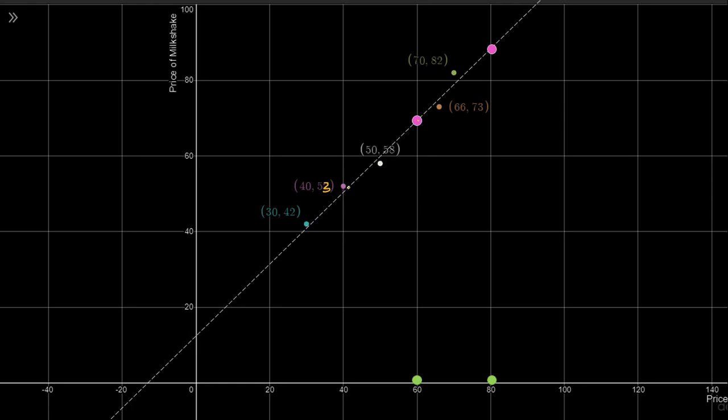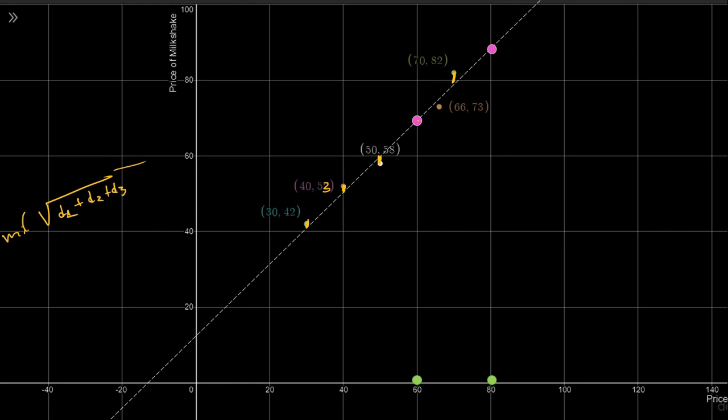So this portion is my error. The difference between the actual data point and my line is the error, and I want to minimize this error. These distances, distance 1, distance 2, distance 3, I want to minimize for my line.